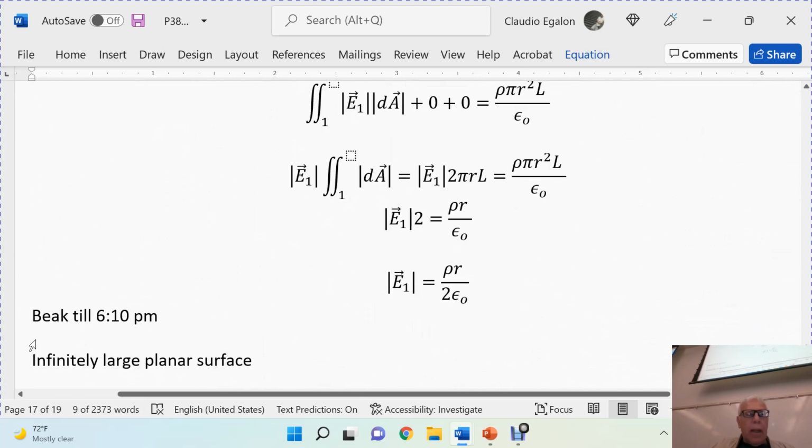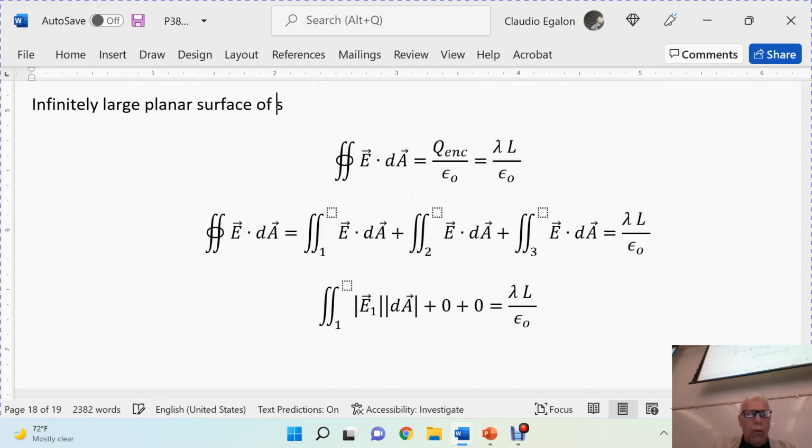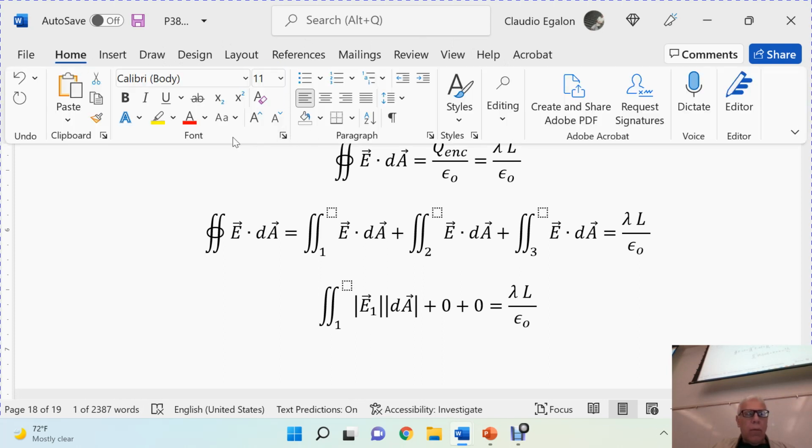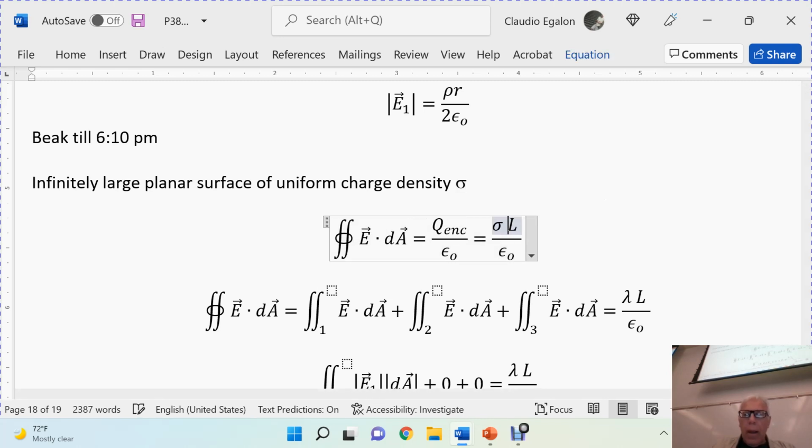An infinitely large planar surface of uniform charge density sigma. Here you go. Q enclosed over epsilon naught. And what I'm going to do here, I'm going to put sigma times area.